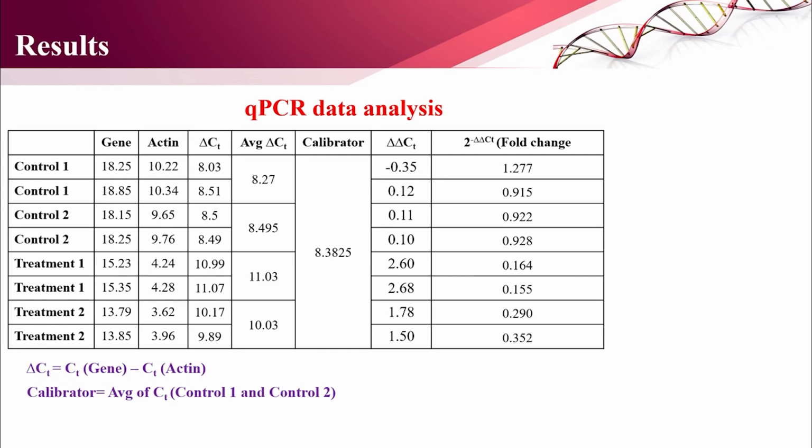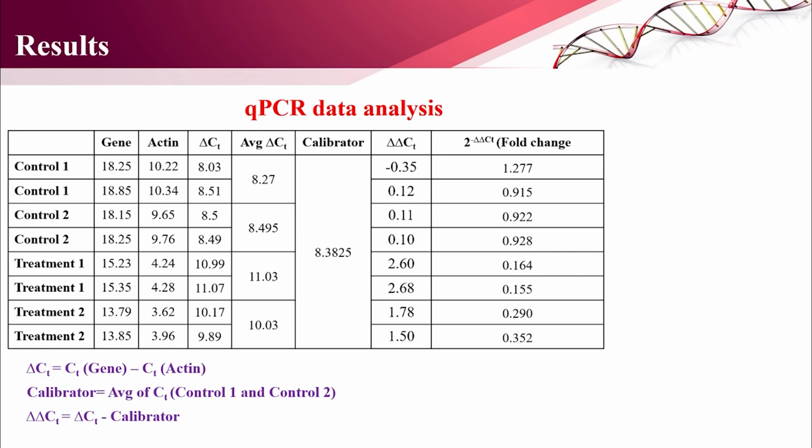Here is how we find the delta delta CT value. We subtract the calibrator value from the delta CT value of each sample.